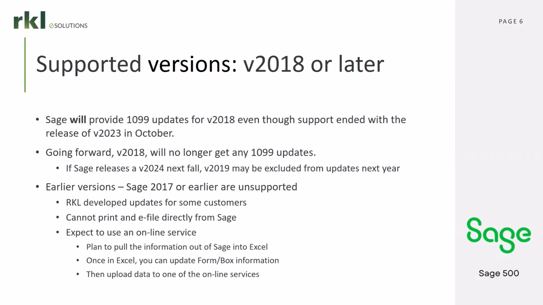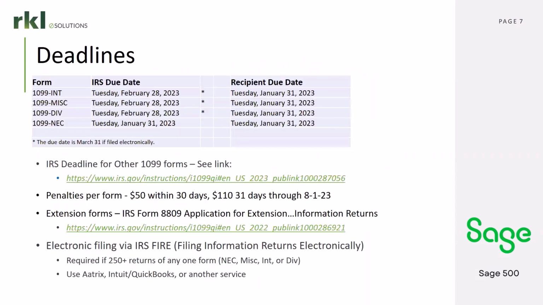RKL has developed some updates for customers in the past, if they're on an older version, that will allow 1099 information to be output from the system. And just expect, as usual, to use an online service to print your forms. Let's go to the next option.